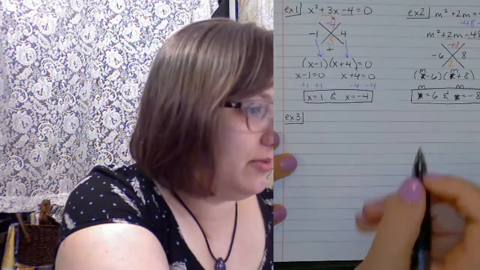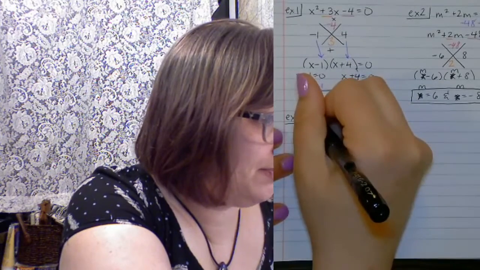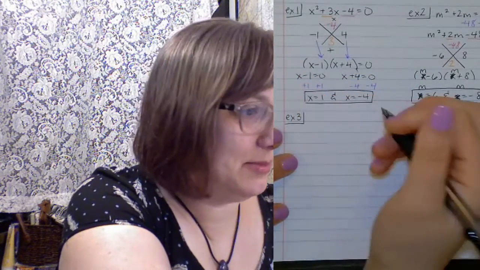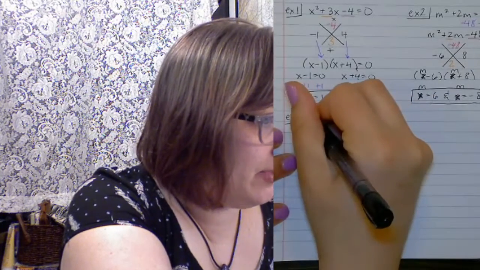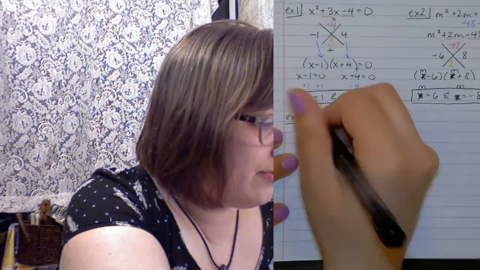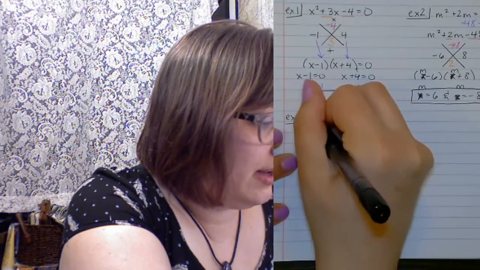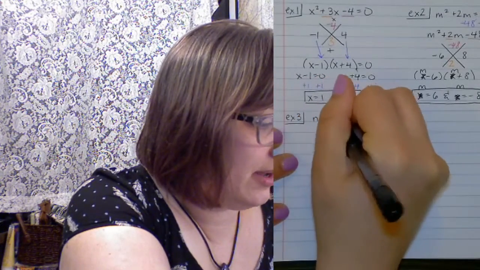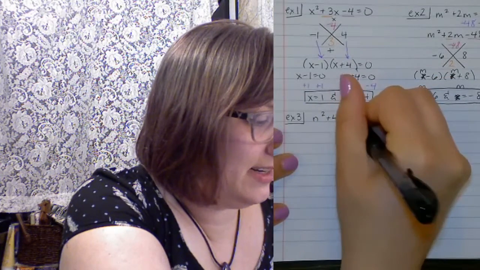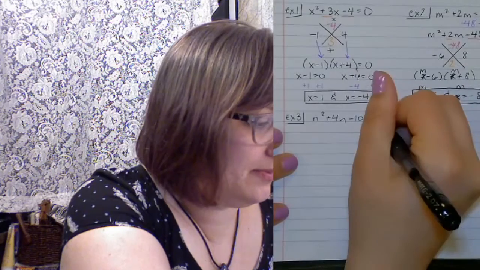All right, so example 3, we will do, I'm going to try to change this without messing it up too much. n squared plus 4n minus 10 equals 2.